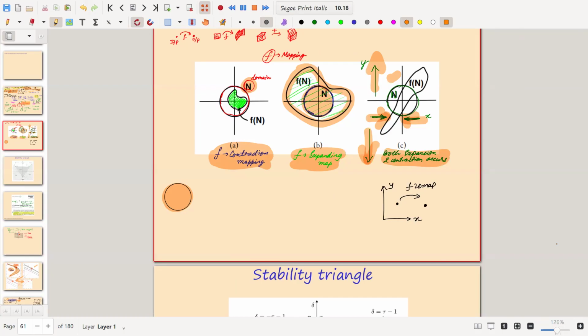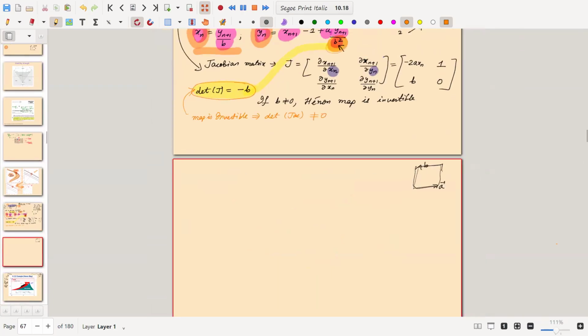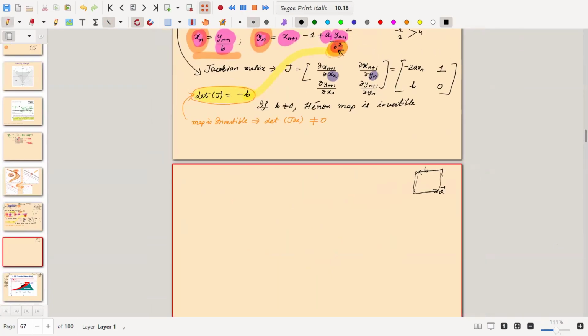Yeah, actually, if determinant is greater than 1, and if determinant is equal to 1, it is area conserving. Area is not changing. If determinant is equal to 1, area will be the same every time you map. Okay. So that's a good idea. Let us go here. So therefore, what we understood from our previous slide is determinant of J is minus B. So modulus of determinant, the area cannot be negative.